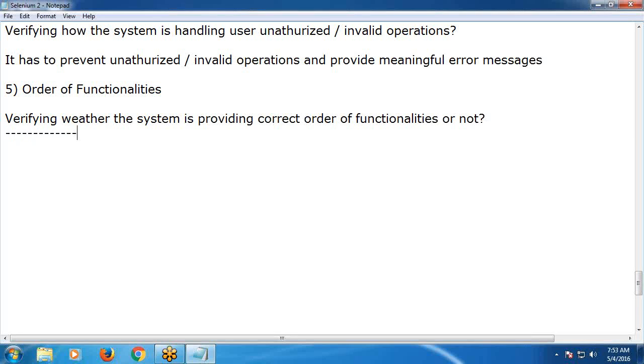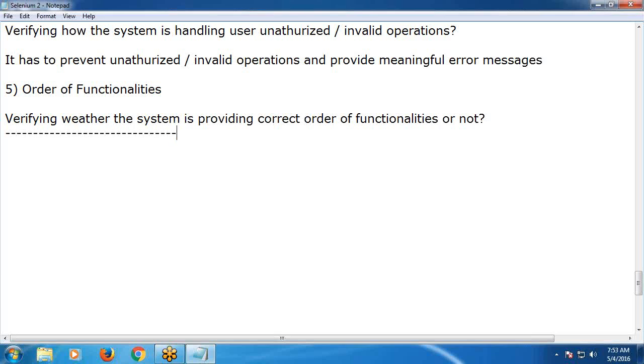For example, Gmail login functionality. What are the steps for Gmail login? First launch the Gmail homepage, then enter email address and password, next submit. Then you can get your email homepage. Then you can compose email or delete existing emails or view emails, etc. Suppose I want to compose an email.